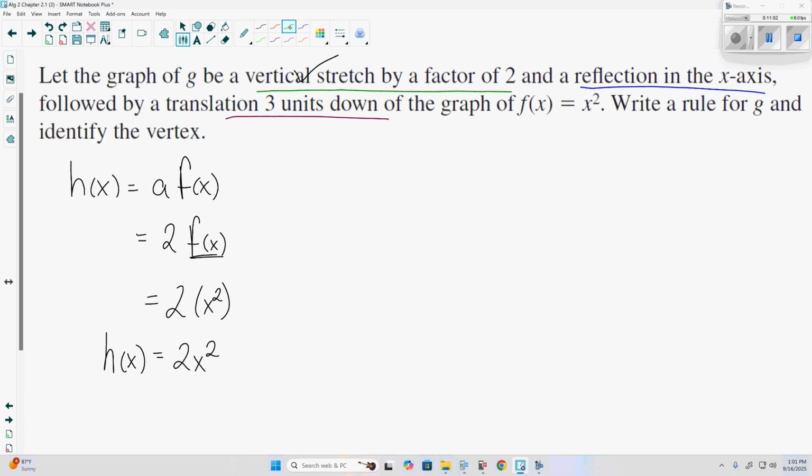Our next transformation is a reflection in the x-axis. Now, normally, in the general form, we call it negative f of x. But since we're not applying it to f of x, we're applying it to h of x, we would say negative h of x. We're just multiplying a negative through the function to get there.